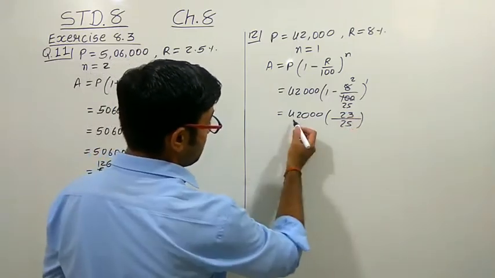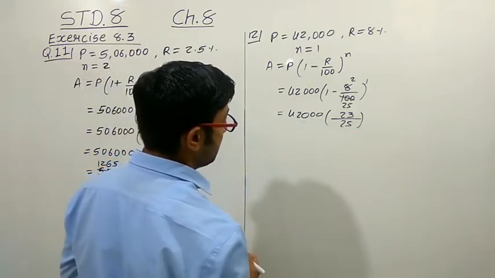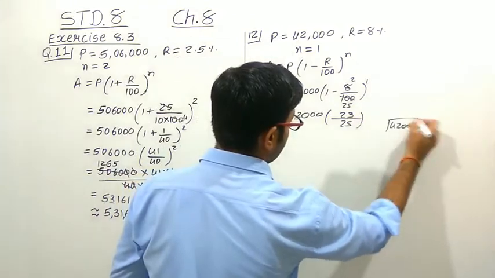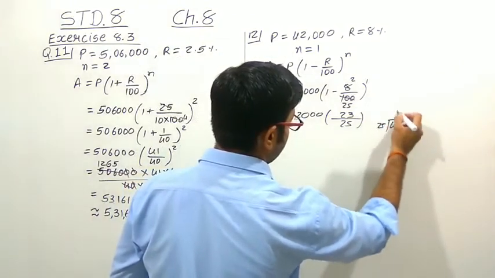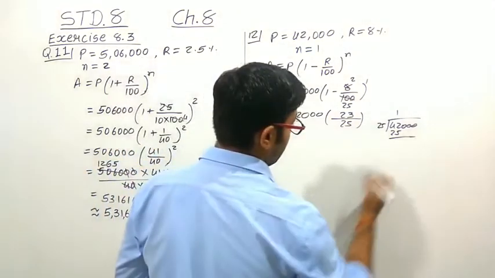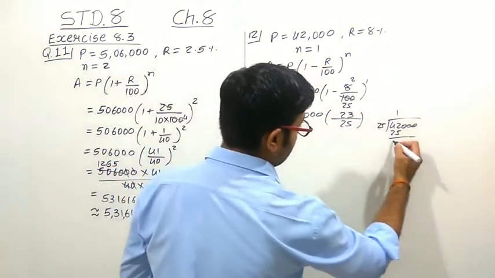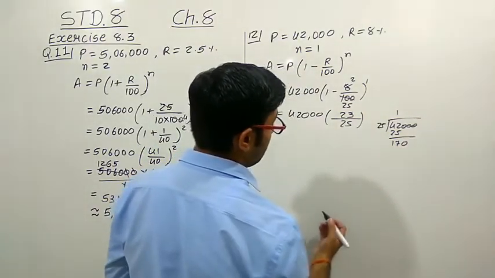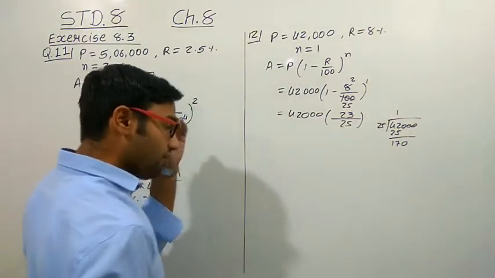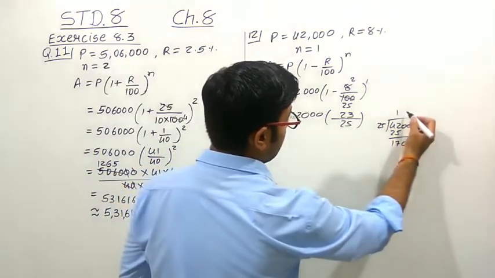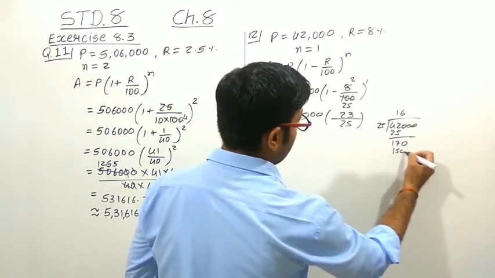See, we can cancel this 42,000 with the 25. At 25 ones are 25. So the amount we are getting here is 70. Right? Now take one of the 0s here. You can cancel it with 25. 25 sixes are 150.